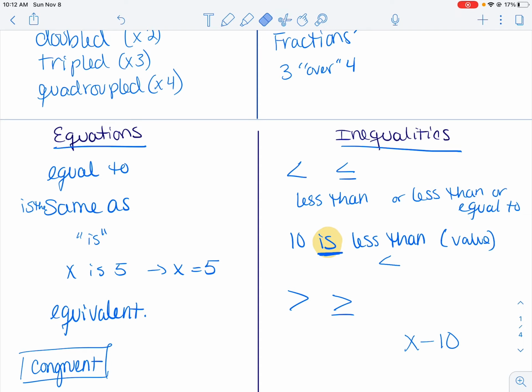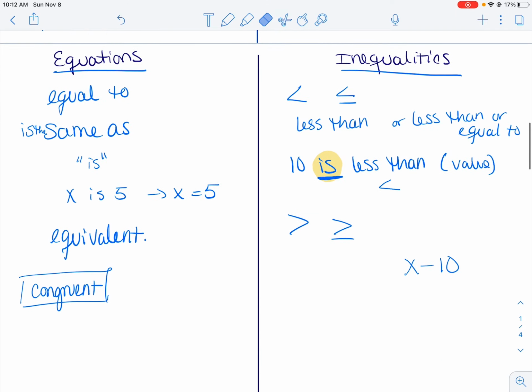If I wrote 10 less than a value, and in this case we used x, that would be x minus 10. But if I wrote 10 is less than a value, which we were using x, then it would be 10 less than x, written like that. So that word is the really important piece there.